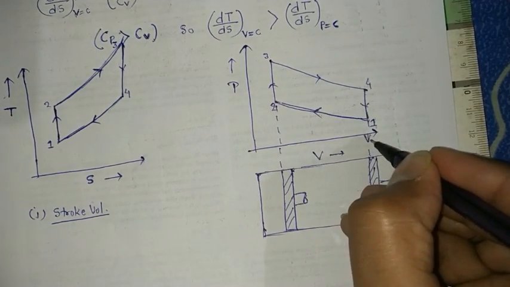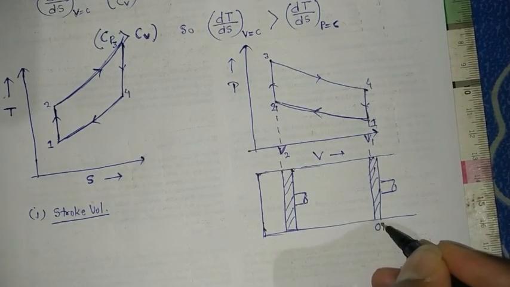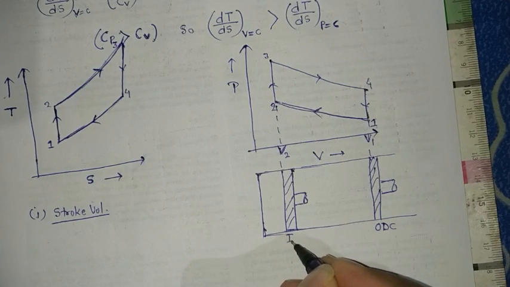Okay, this is V1 and this is V2. This is outer dead center and this one is inner dead center.